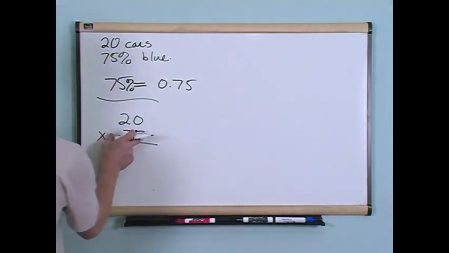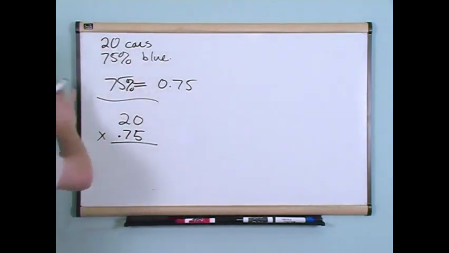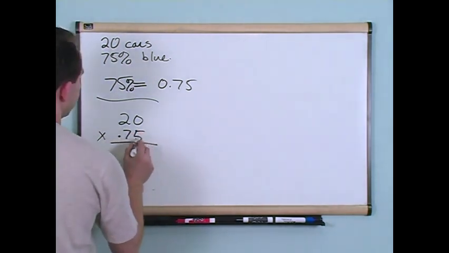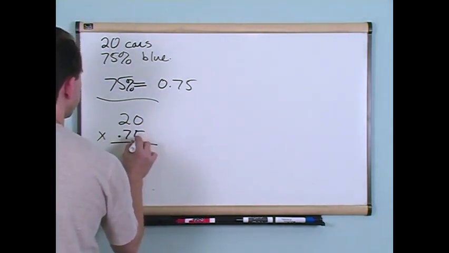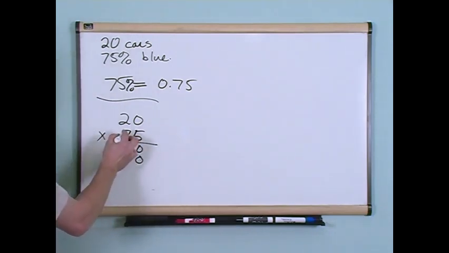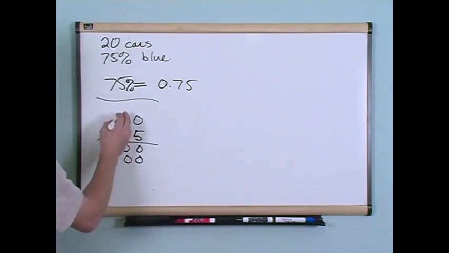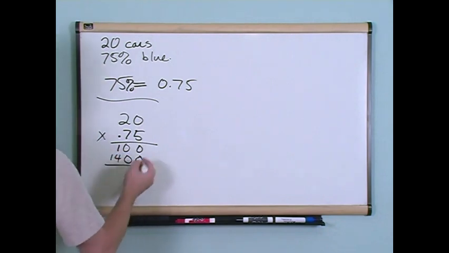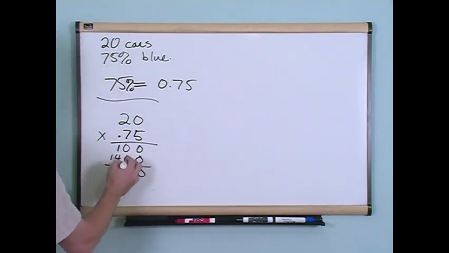Because multiplying by this decimal chops down this total number and tells me how many cars are actually blue, okay? So let's do this. 5 times 0 gives me 0. 2 times 5 gives me 10. Add a 0 here. 7 times 0 gives me 0. 2 times 7 is 14. Let's add these up. 0 plus 0 is 0. 0 plus 0 is 0. 4 plus 1 is 5. And then we'll just drop the 1 down here.